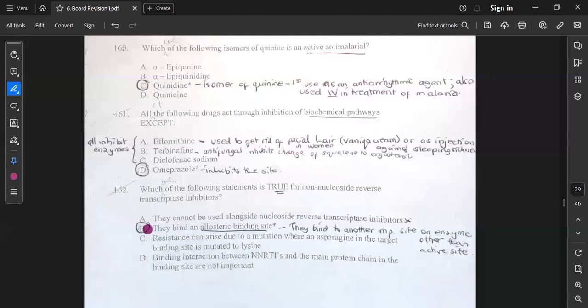The child will be started on nevirapine and zidovudine for 6 weeks. In the first 6 weeks of life, that infant will be given zidovudine plus nevirapine.